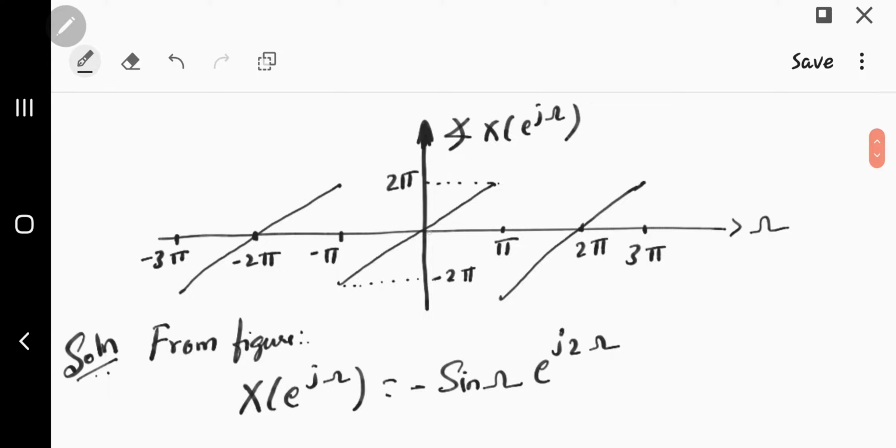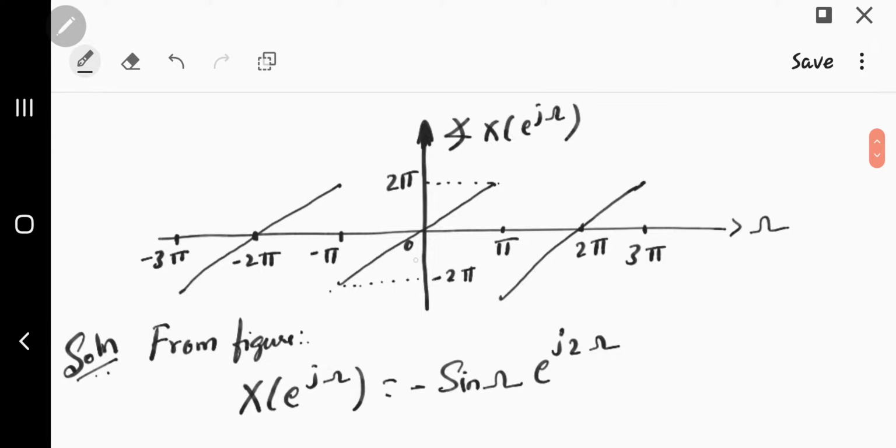If you observe this, here we have the phase: at minus pi we have minus 2 pi, at pi we have 2 pi, and at 0 we have the amplitude 0. That means if you substitute omega equal to pi, you will get 2 pi here, and if omega is equal to minus pi, you will get minus 2 pi for the signal. So that is the phase of the signal, and we have to consider both of them.